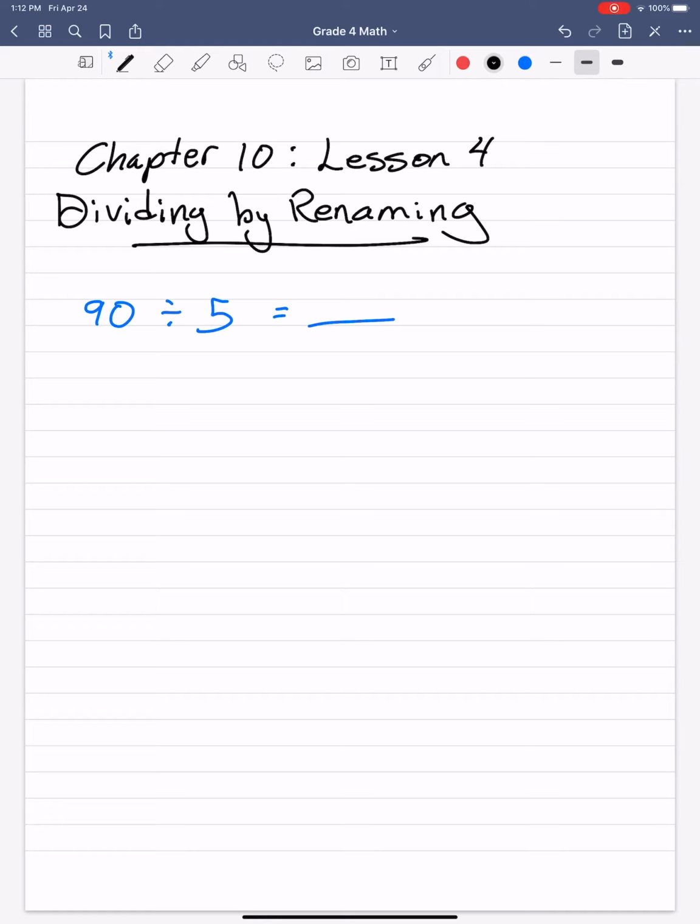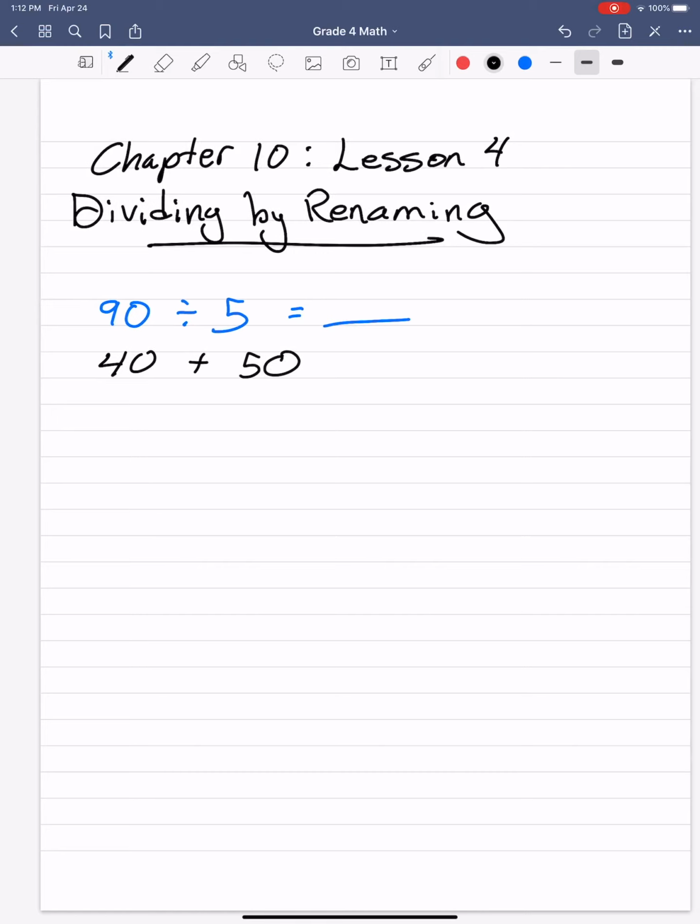So if we wanted to divide 90 by 5, we could rename 90. So that's why it's called dividing by renaming. So I can rename 90 as 40 plus 50. That's what that equals, 90. And now I can do 40 divided by 5 plus 50 divided by 5.